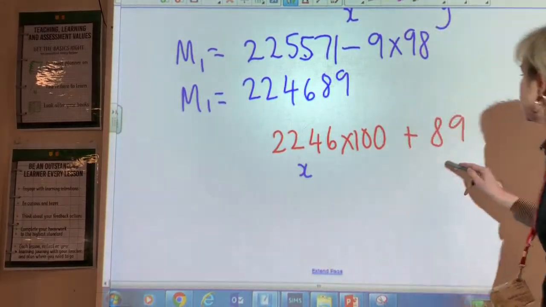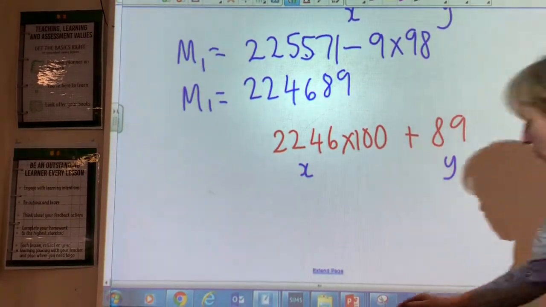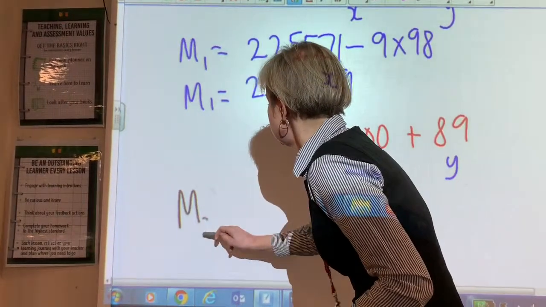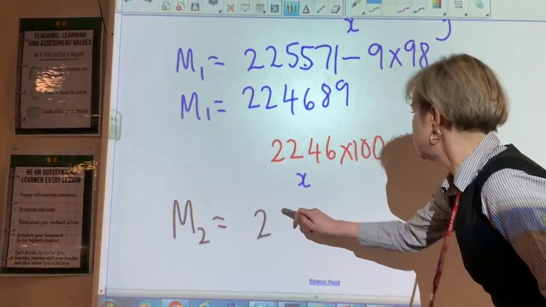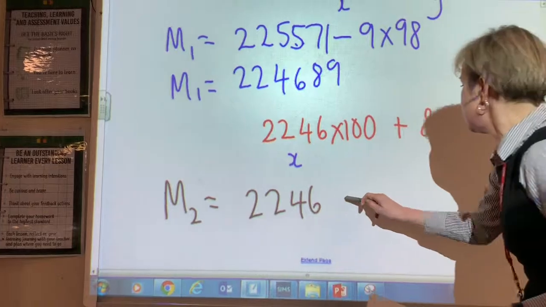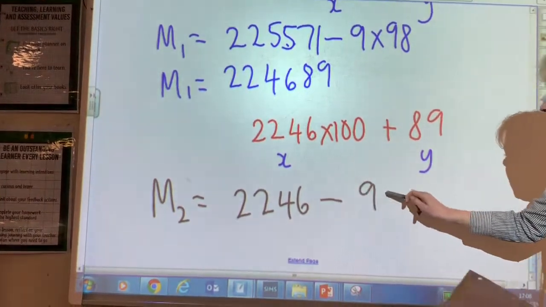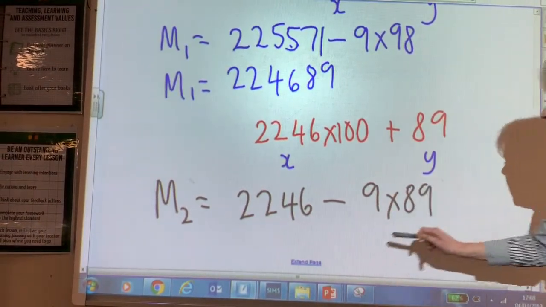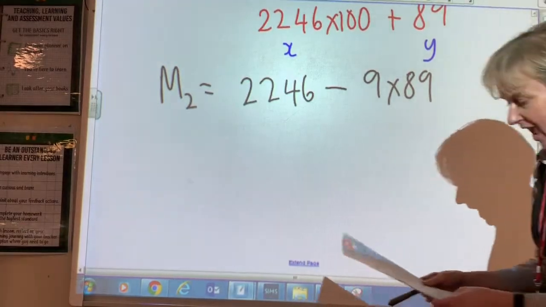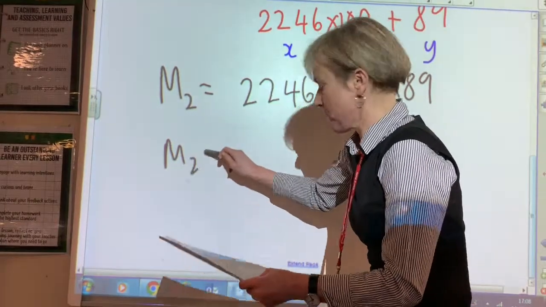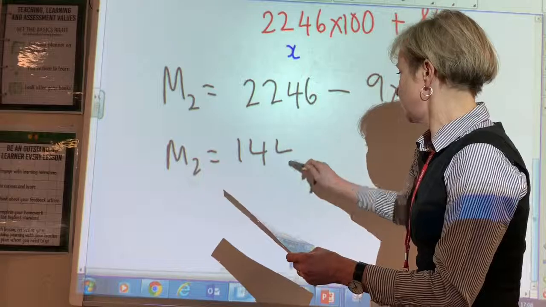So there's your x and there's your y. So m2 is your x value, take away 9 lots of your y value. And if you work out m2, it's 1445.